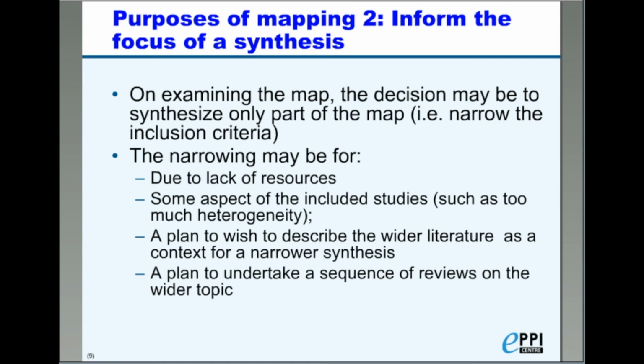You may decide that it'd be more sensible to synthesize just a subset of the map. In practice, that means that you're narrowing your review question. You're narrowing your inclusion criteria, and therefore you're only synthesizing a portion of the originally included mapped studies.